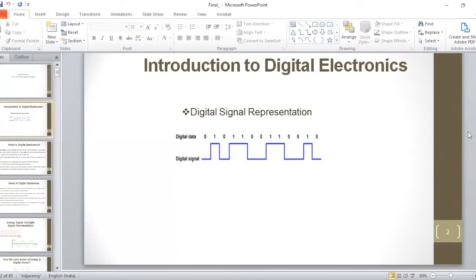There's a digital signal representation in front of you, and I hope you're able to see it very clearly. So digital electronics is basically 0 and 1, the data is in the form of 0 and 1, and we are getting a digital signal, but this is a discrete time signal. When I say discrete time signal, that means the frequency is not concerned.